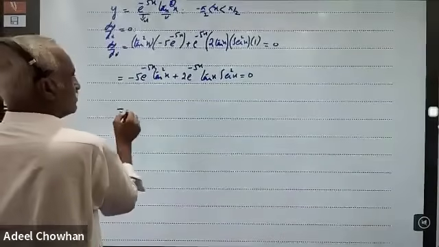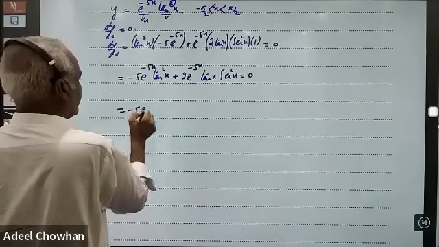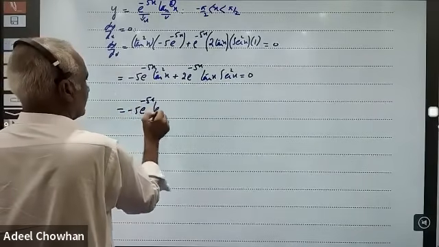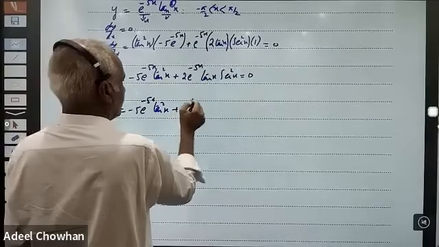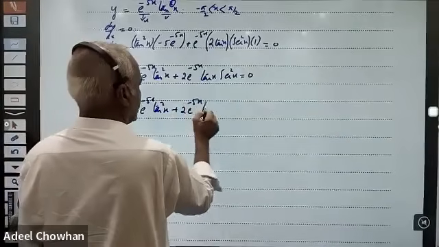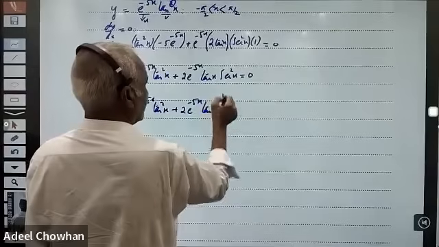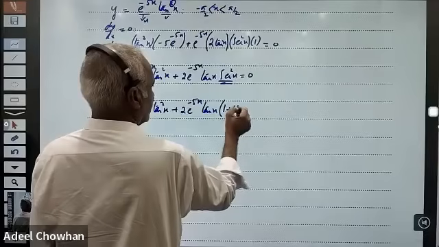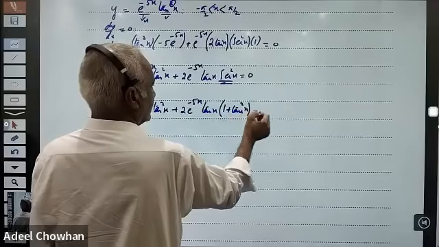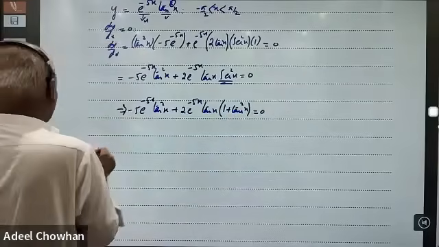So it should be equal to minus 5 e power minus 5x tangent square of x plus 2 e power minus 5x tangent of x, and secant square x is equal to 1 plus tangent square of x, and that thing is equal to 0.